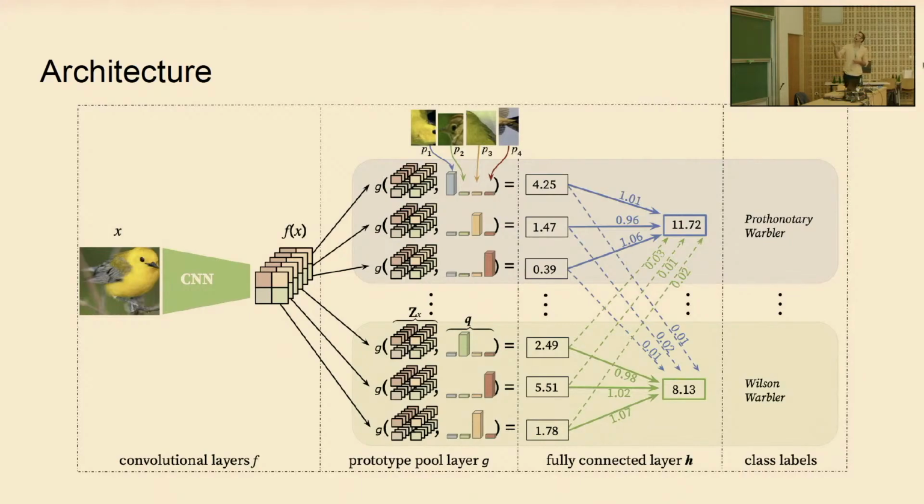For example, in this image, each class has 3 slots, right? And those slots are at the beginning initialized randomly, and they have to learn which prototype should be put in each slot of the class, right?